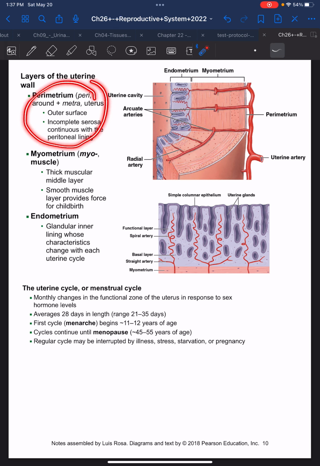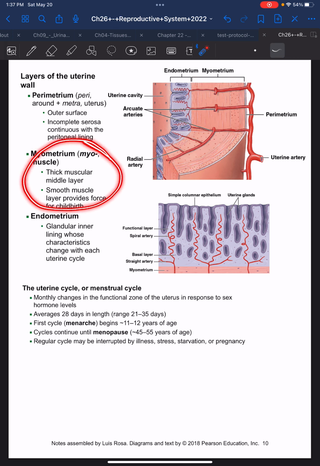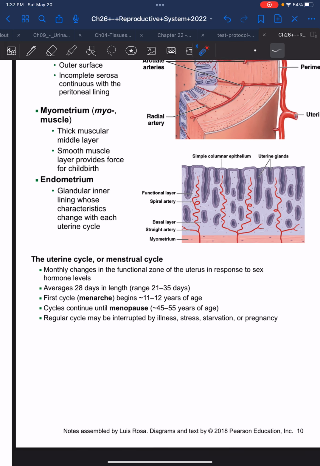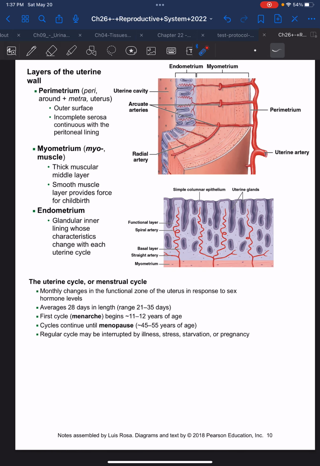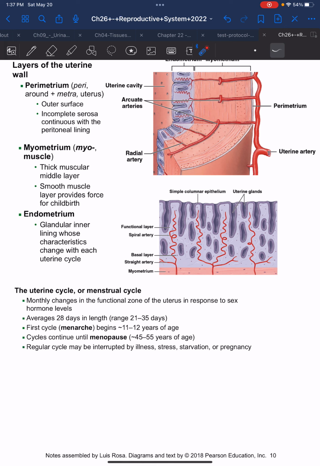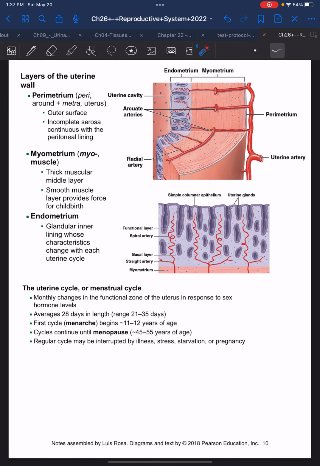And so perimetrium will be the outer surface, myometrium will be the smooth muscle, and this smooth muscle layer will provide the force necessary to actually release the infant from the womb. And then endometrium. Endometrium is of particular interest because this inner layer changes with the menstrual cycle.